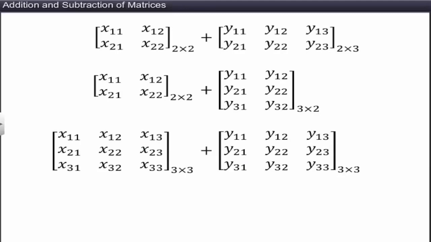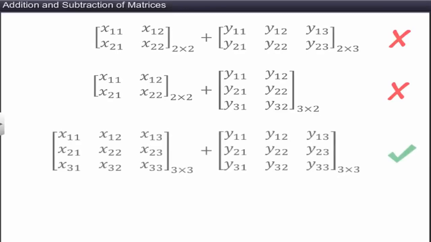It has to be noted that matrix addition can be performed over matrices having the same order.